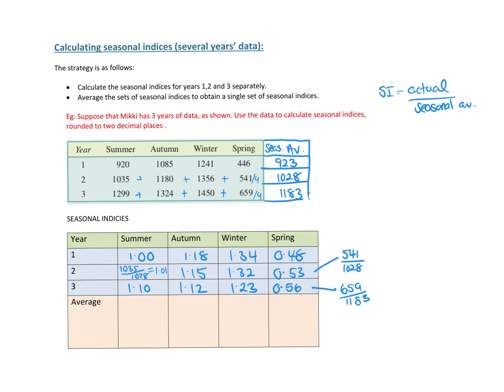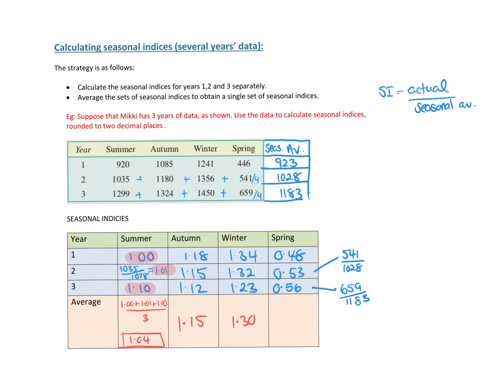So now once you've done this, we need to get the overall average. So the overall average is when we're adding up the 3 seasonal index and then dividing by 3. So let's write that in there. So it would be 1.00 plus 1.01 plus 1.10, and we're going to divide it by 3, and then we would get an answer. So I'm going to pause and do that.